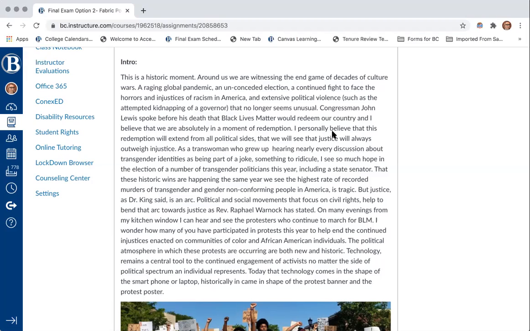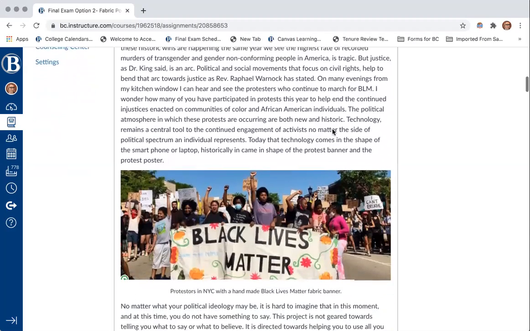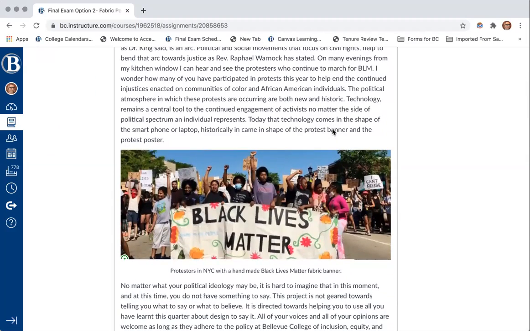Now, a lot of the information that you might find online about banners and protests could very well be triggering. So be conscious of the type of information that you are engaging in researching.